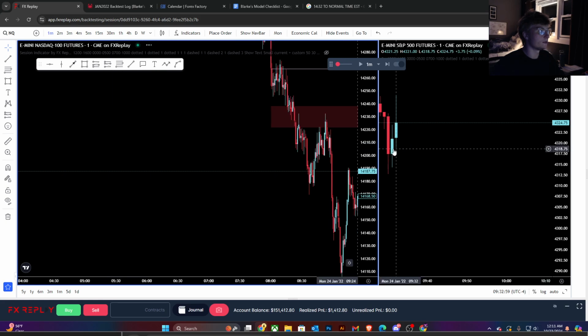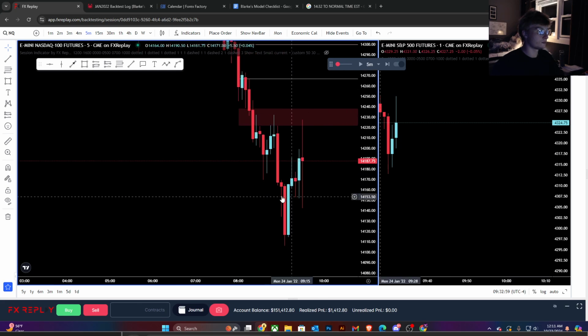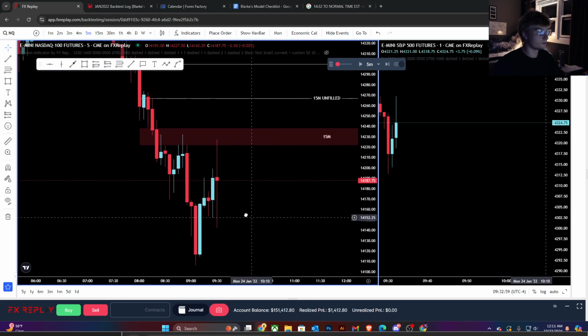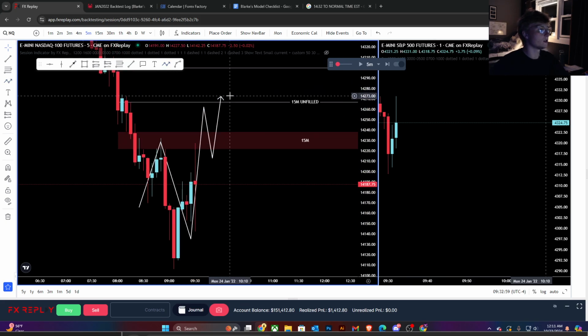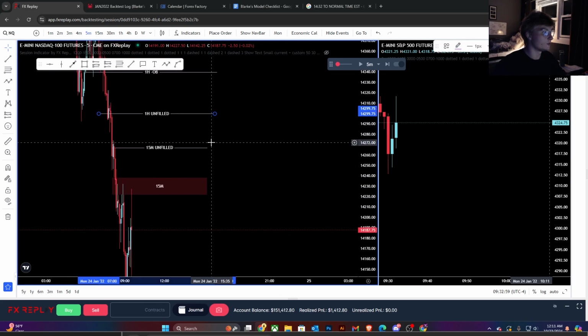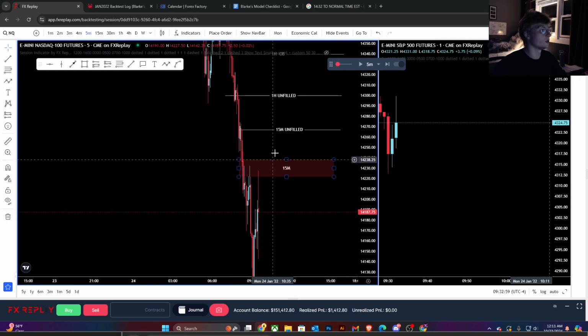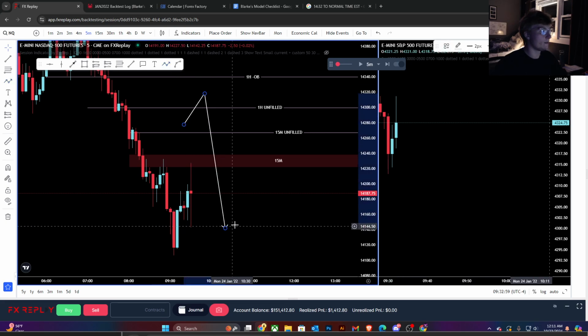Tapping into the 15-minute. Low, high, lower low. Potential bullish breaker though. We do have some unfilled hourly. Before shorting, I do want to wait for a tap into this hourly here.